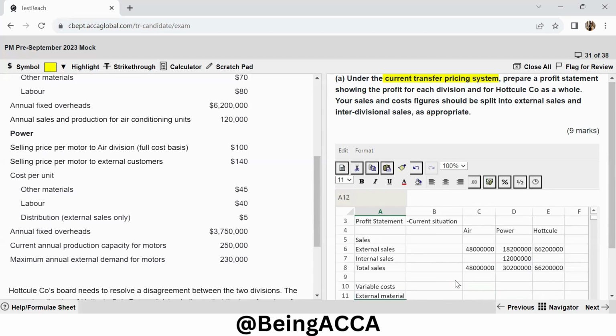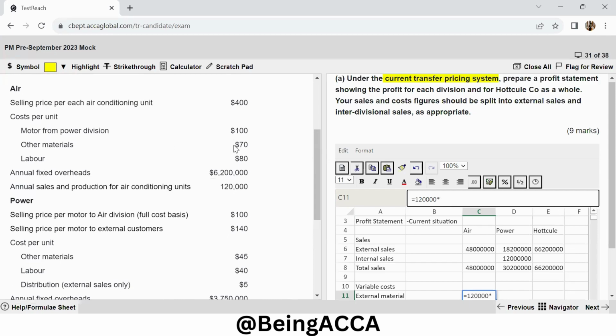So external material is nothing but for the air division, they are selling 120,000 units. This is 120,000 units, and multiply this by their materials, which is 70. So this is something that they are buying externally. So this comes out to be 8,400,000.